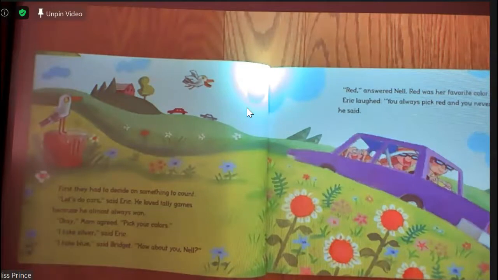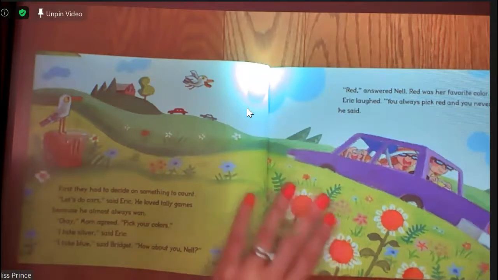Let's do cards, said Eric. He loved tally games because he almost always won. Okay, agreed Mom. Pick your colors. I'll take silver, said Eric. I'll take blue, said Bridget. How about you, Nell? Red, answered Nell. Red was her favorite color. Eric laughed. You always pick red. You never win, he said.